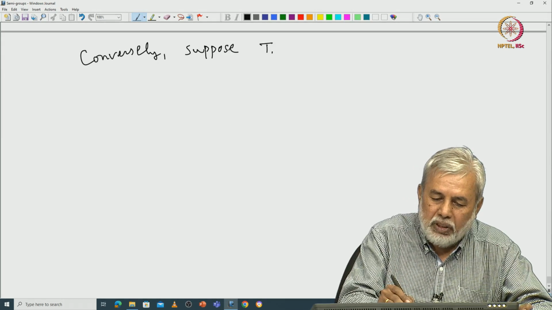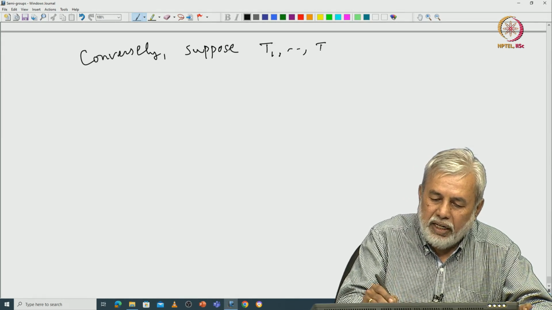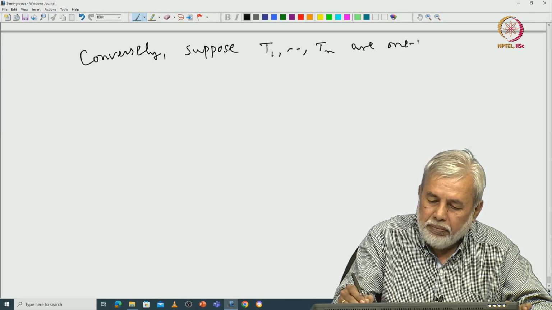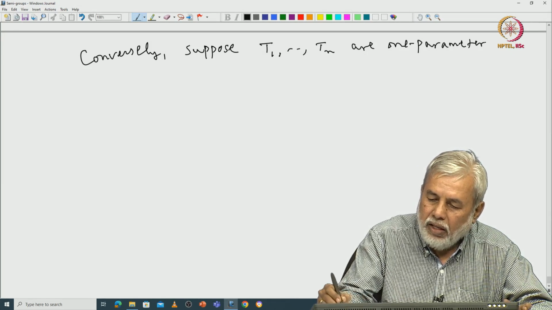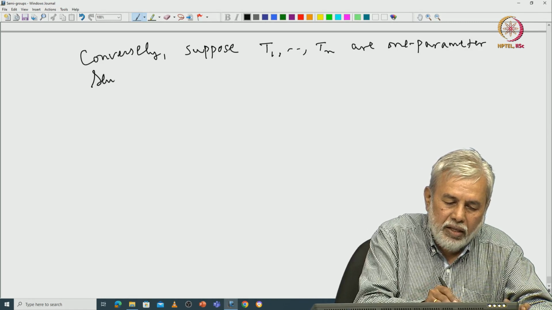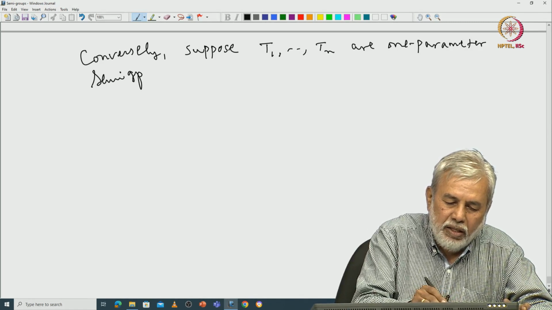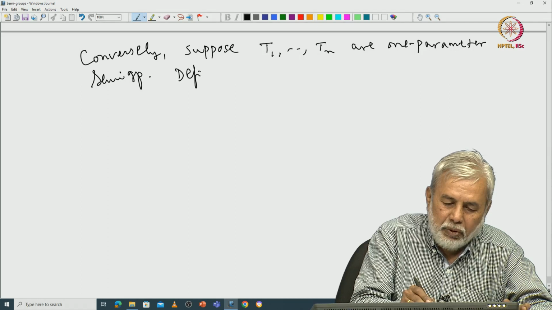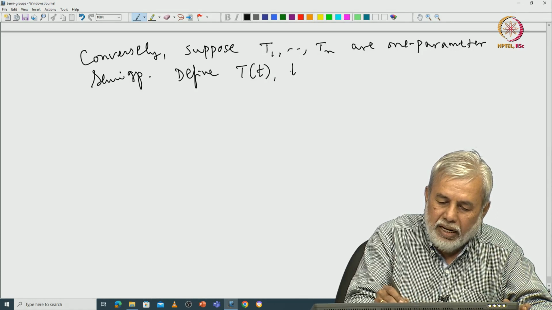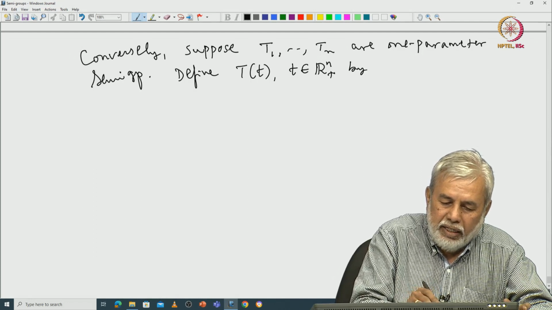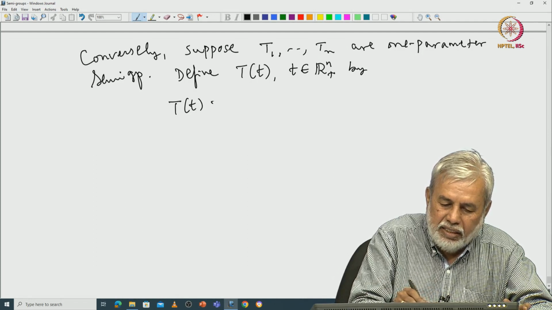And conversely, suppose T1, T2, ..., Tn are one parameter semigroups. Okay. And now you define a multi-parameter semigroup T(t) for t in R^n_+ by T(t), same thing.